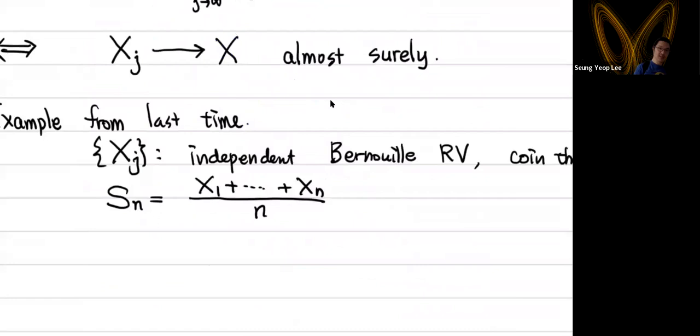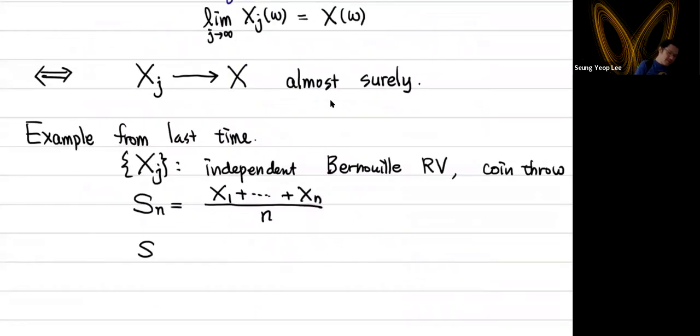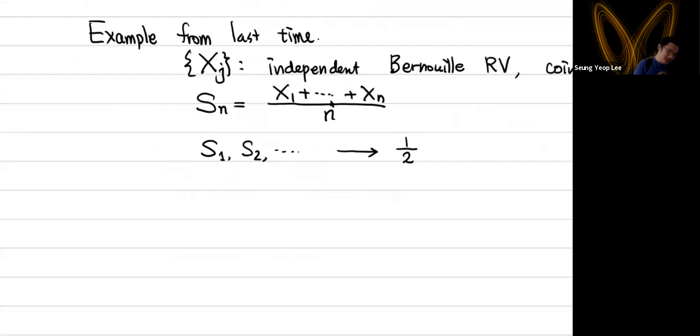So this series of random variables, S1, S2, and so on, converges to the random variable 1/2. Here I just write the number 1/2, but remember this means it's a constant function 1/2. So we can say that Sn converges to 1/2 almost surely.